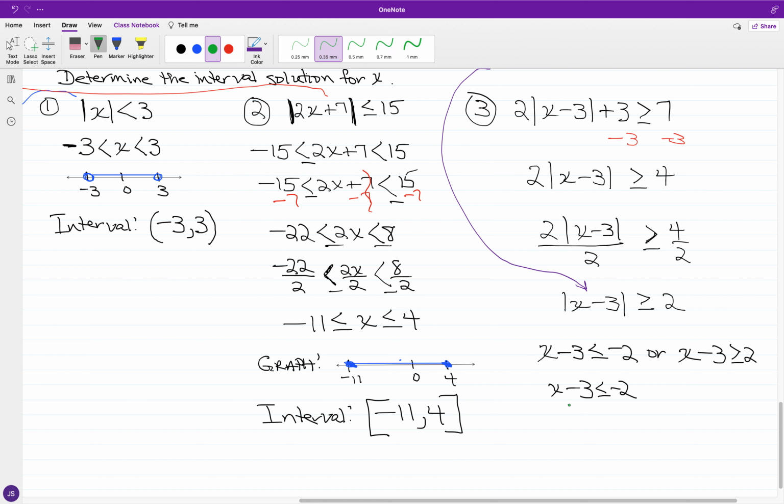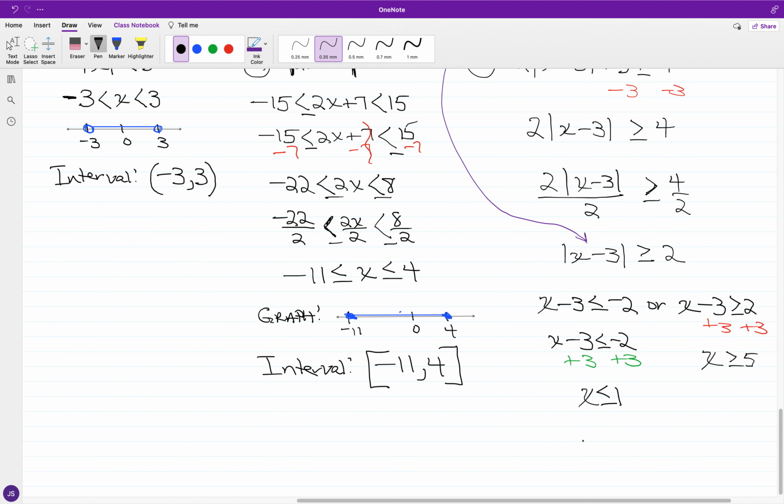In the first case, if I add 3 to both sides, we're going to have that x is less than or equal to 1. And for x minus 3 is greater than or equal to 2, if I add 3 to both sides, this comes down to x is greater than or equal to 5. So we have x is less than or equal to 1, or x is greater than or equal to 5.